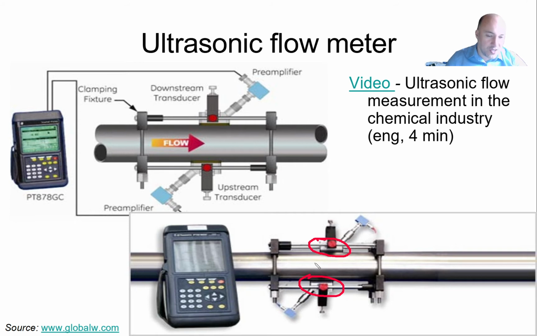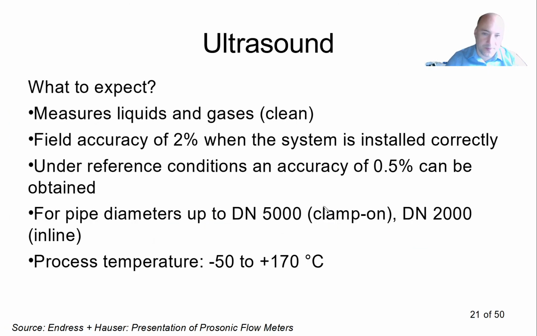We do not need to interrupt the process. We do not need to interrupt the pipe. We just clamp the sensors outside like that with a clamp-on system, and we can measure the flow rate. So it's quite useful, for example, in the chemical industry. It's very safe. We are not in direct contact with the flow meter and with the liquid.